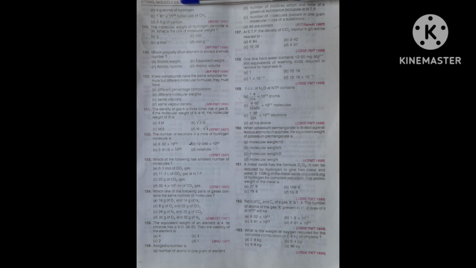The equivalent mass of Z2O3 is equal to the equivalent weight of Z plus the equivalent weight of O, that is E plus 8.